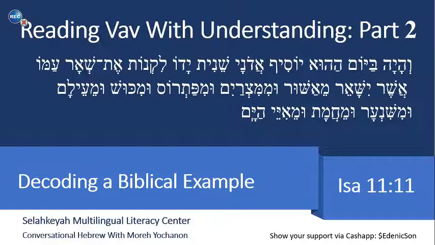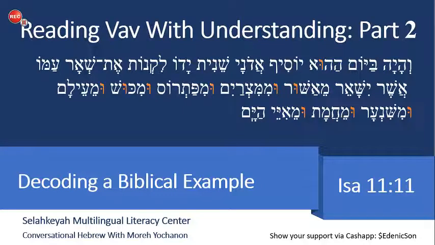First, I want to identify all of the vowels that make the oo sound. All of the instances of vav making the oo sound are highlighted orange. They're flashing. You can see all of the vavs making the oo sound.